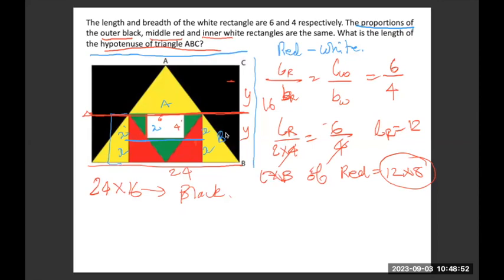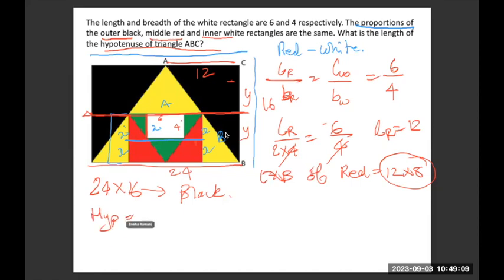Now what I need to find is in ABC, if this total is 24, this will be 12. 12 by 16, and the hypotenuse is what we have to find.